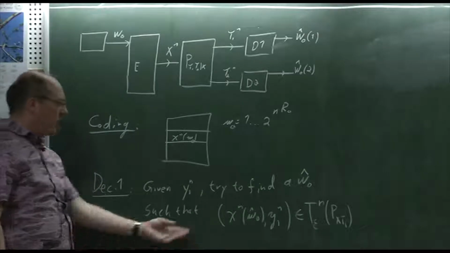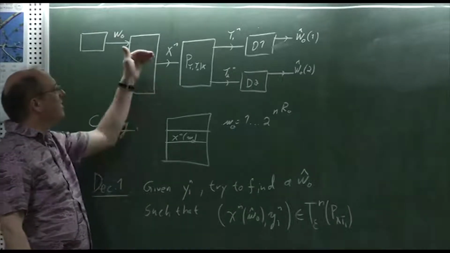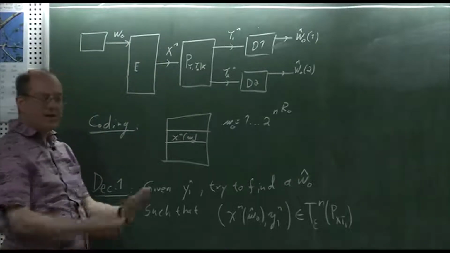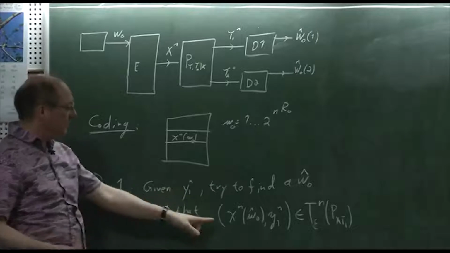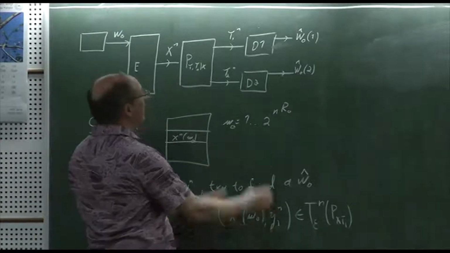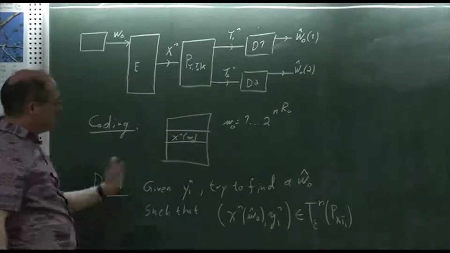This will happen with high probability, that you'll find such a typical pair, because we've generated these IID, and they're related via the p(y1|x) channel. Okay, what can go wrong?